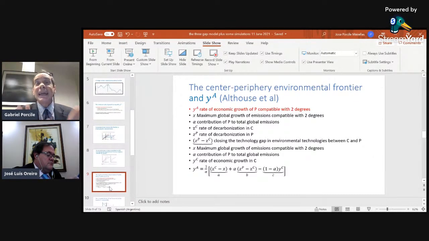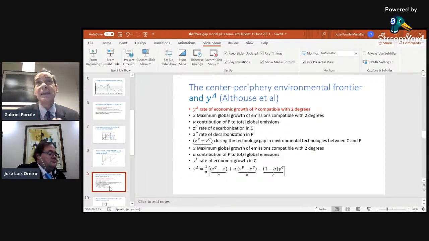So, taking into consideration the promises that the Latin American countries made after the Paris agreements in the national determined contributions, we can estimate what is the rate of growth that these countries could attain to fulfill these commitments if they do not change their rate of emissions per unit of GDP.